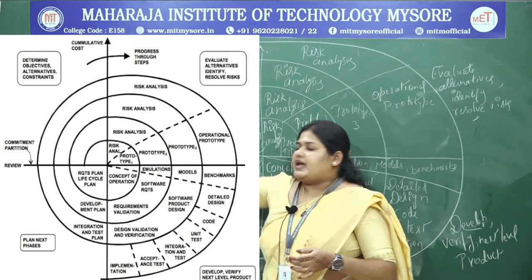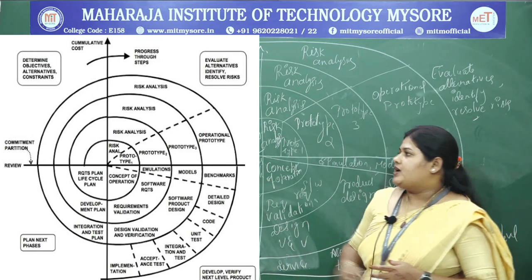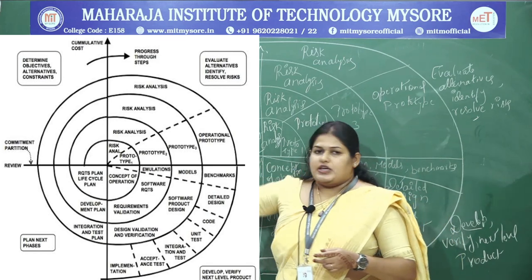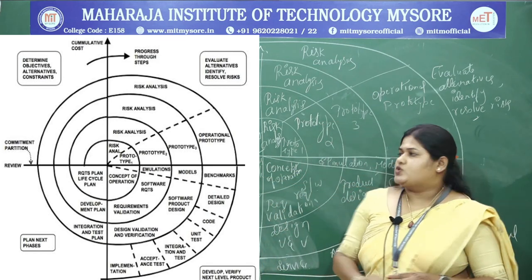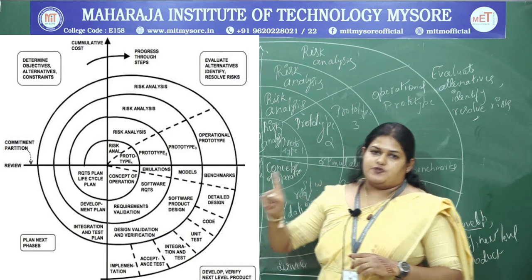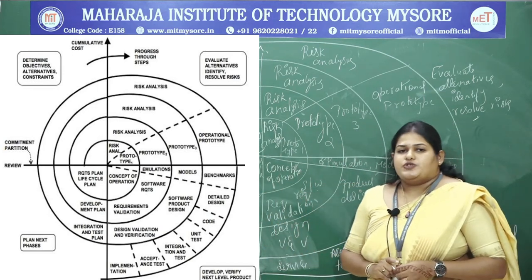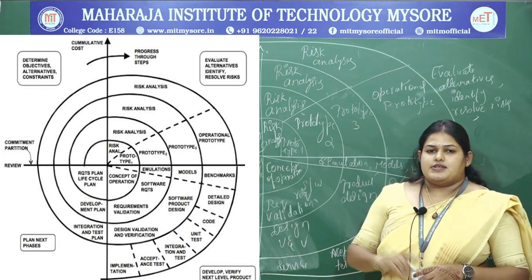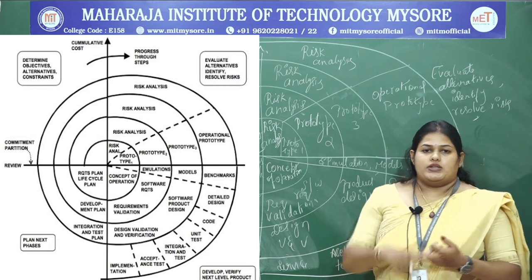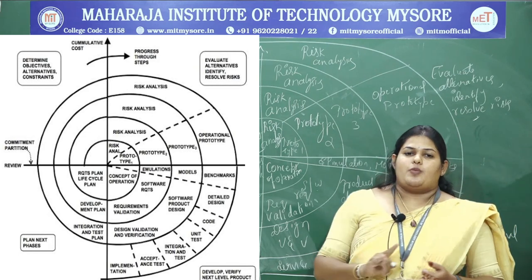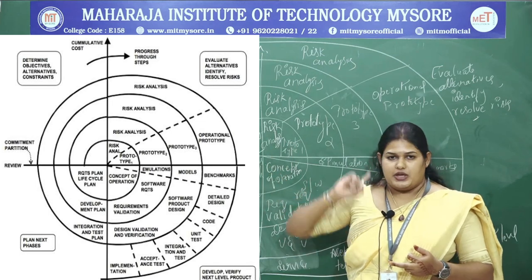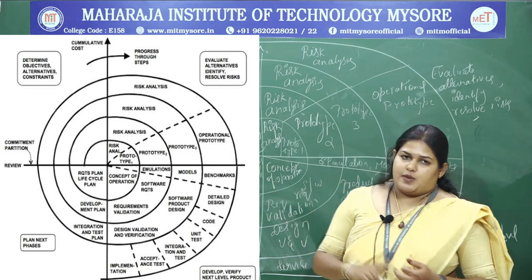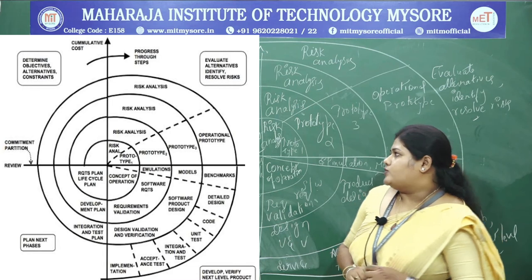So, that should be analyzed by the engineer and given with the proper constraints. So, that is the first phase, where the objective is to find the requirements and make sure that with the given requirements a proper software product should be built. That is the main aim of determining the objectives.